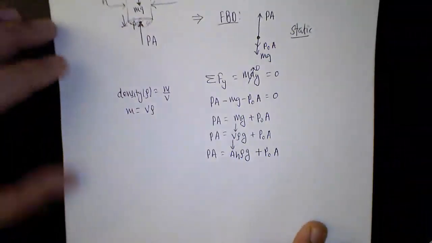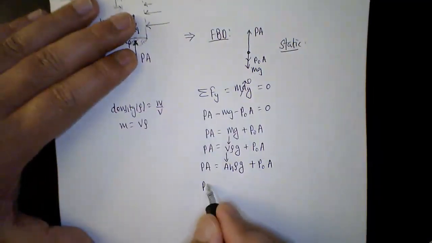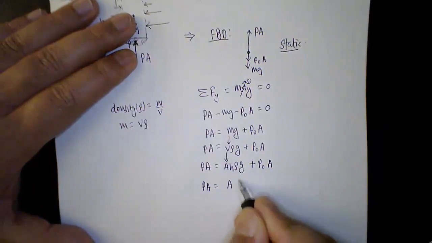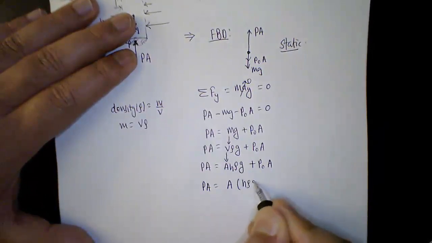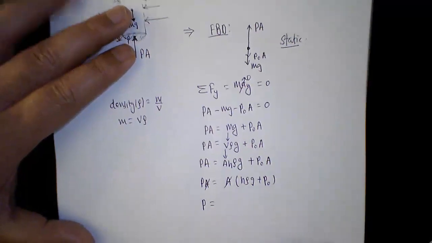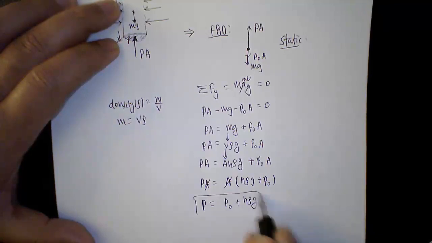Then you can factor out this area because area is common. You can factor out A, so h rho g plus P0, and then area will cancel out. And P is the pressure at the given depth. Just rearranging that, P equals P0 plus h rho g.